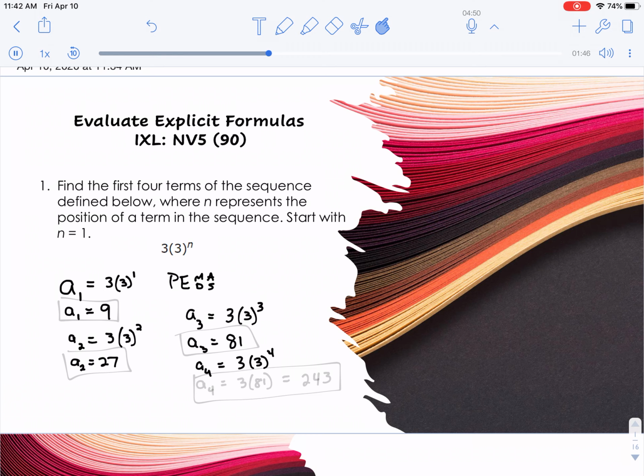And 3 to the fourth power is 81. So we get 3 times 81. And 3 times 81 is 243. So the first four terms of this sequence is that a sub 1 is 9, a sub 2 is 27, a sub 3 is 81, and a sub 4 is 243.